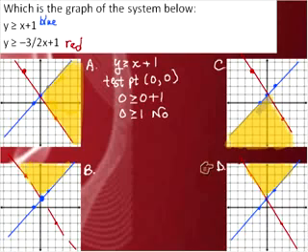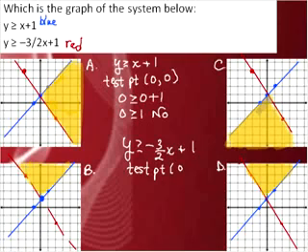But let's also do the test point for the red line, just so you can see that that is in fact the shading that's correct. So if we take y greater than or equal to -3/2 x plus 1, and we substitute in our test point, we'll have 0 greater than or equal to -3/2 times 0 plus 1.